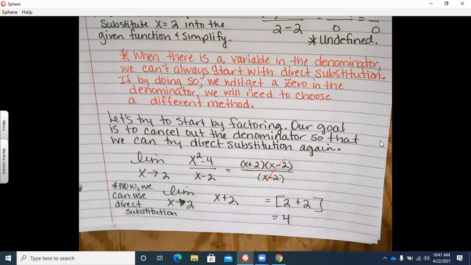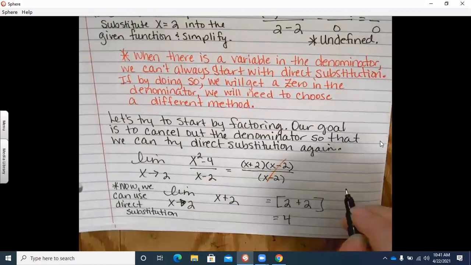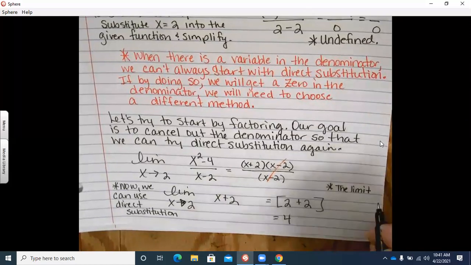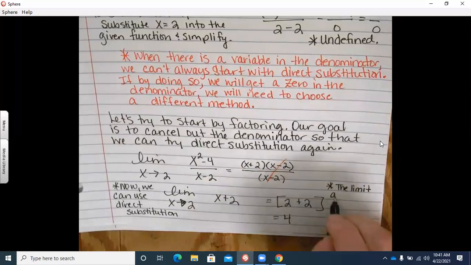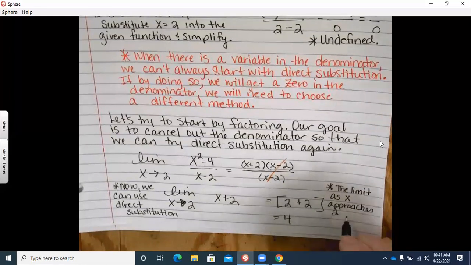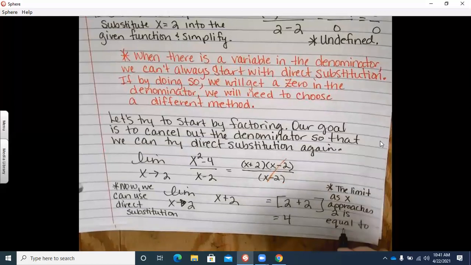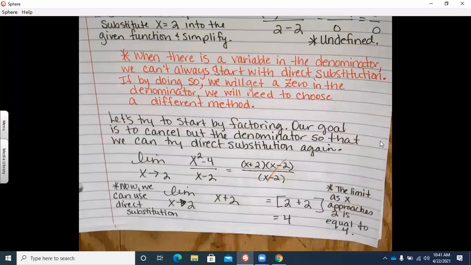So you could say the limit as x approaches 2 is equal to 4. As we get closer and closer to 2 on the x-axis, the graph is getting closer and closer to 4.